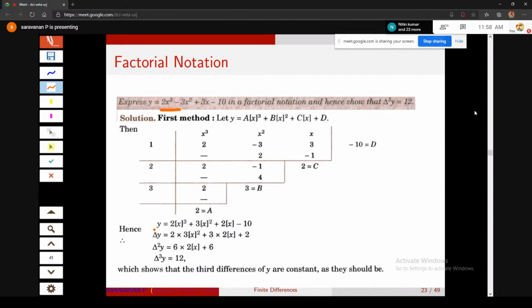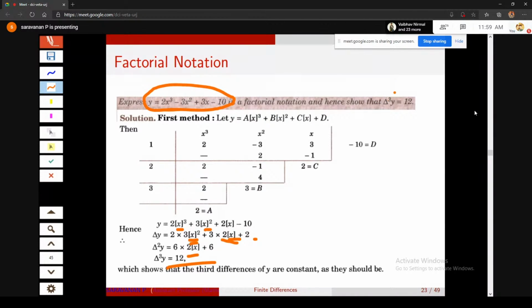So what is delta y? 3 factorial x square, 2 factorial x. If I differentiate factorial x, 1. Constant term 0. Again, if I compute delta square, if I differentiate factorial x square, it is 2x. Factorial x, if I differentiate, 1, constant term 0. Again, if I differentiate, you will get 1. So you see, what is the degree of this polynomial? 3.